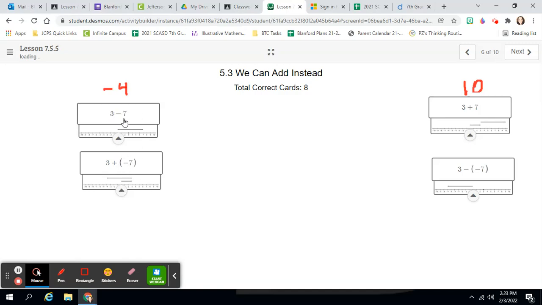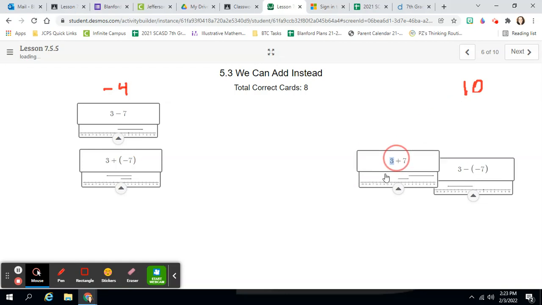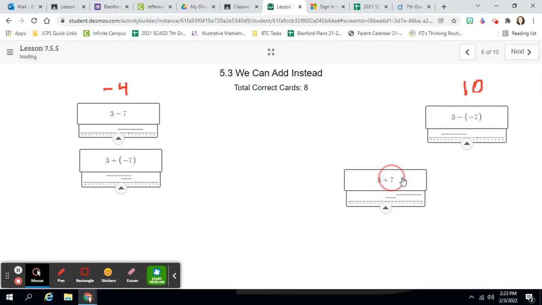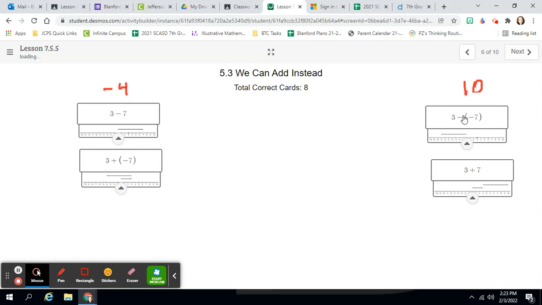So 3 minus 7 is actually the same thing as adding -7, which is why we've come up with the answer of -4. This works over here. Let me switch these. So subtracting -7 is the same as adding +7.